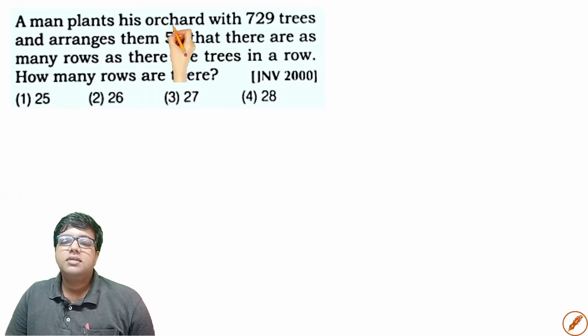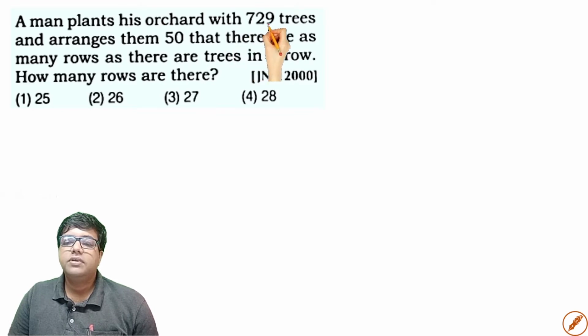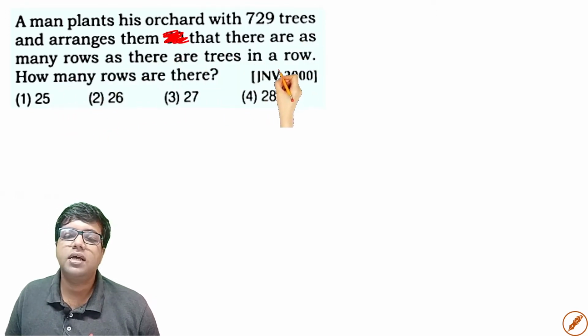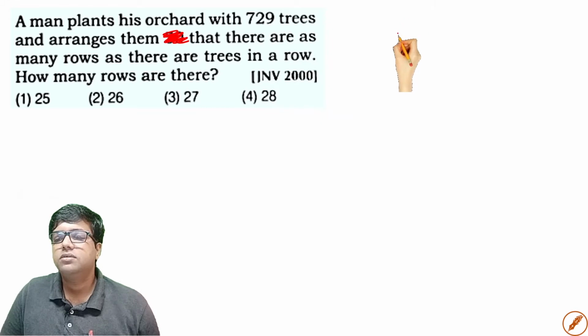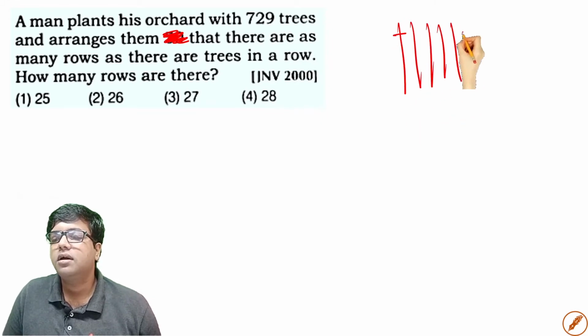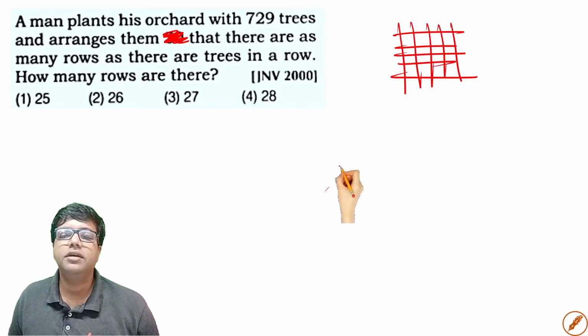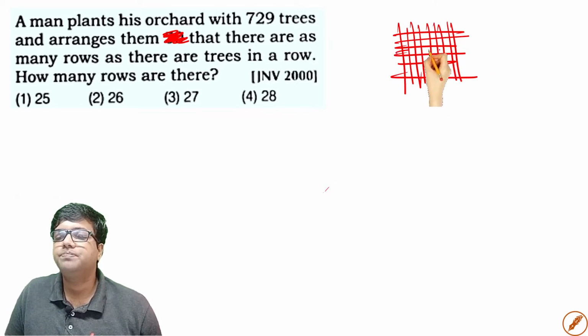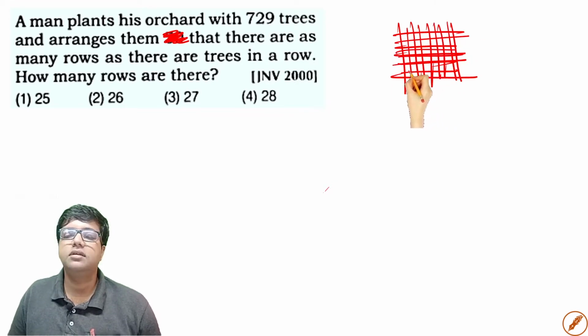A man plants his orchard with 729 trees and arranges them so that there are as many rows as there are trees in a row. The number of rows and number of columns are equal here, and he is going to plant all the trees in his orchard in this fashion.